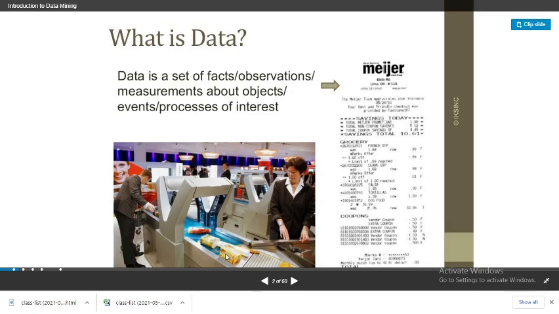Once he has purchased all the things, the grocery bill is produced. This is nothing but data. The item, quantity, and rate, whatever he purchased, this is nothing but data.